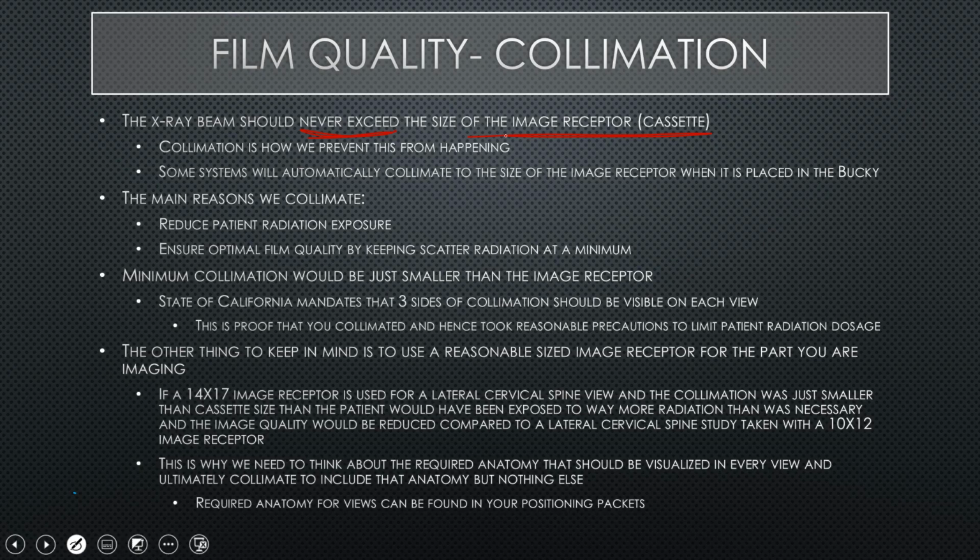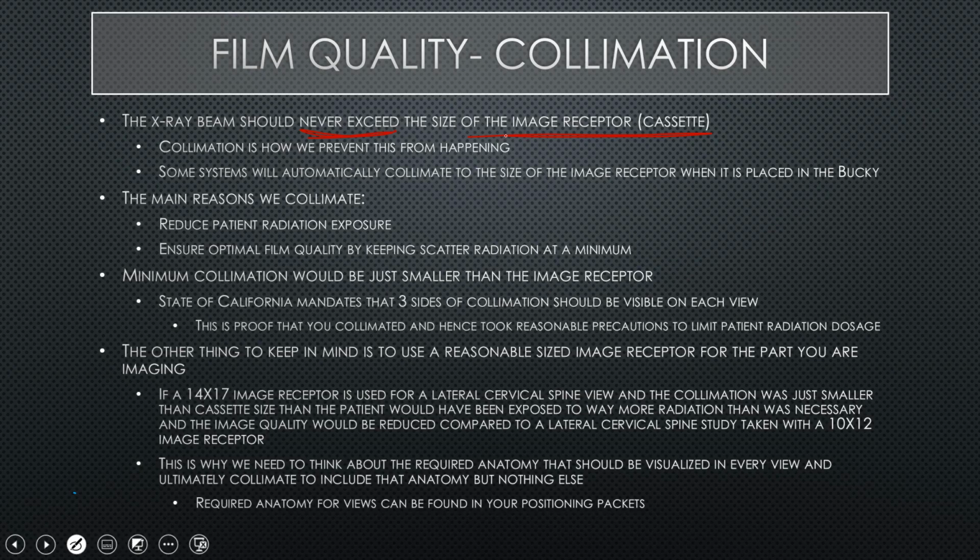So some systems can automatically collimate to the size of the image receptor that you're using, or as we teach you guys, we'll show you how to put in the proper collimation at the X-ray tube. So the reasons we collimate, like I just said, you want to reduce patient radiation exposure or dose.